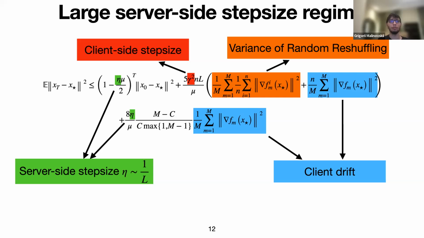Can you please repeat the last question? Nikita, can you please repeat the last question? Yes, the question is, do you have estimates on optimal values of gamma, for example an optimal lower value?